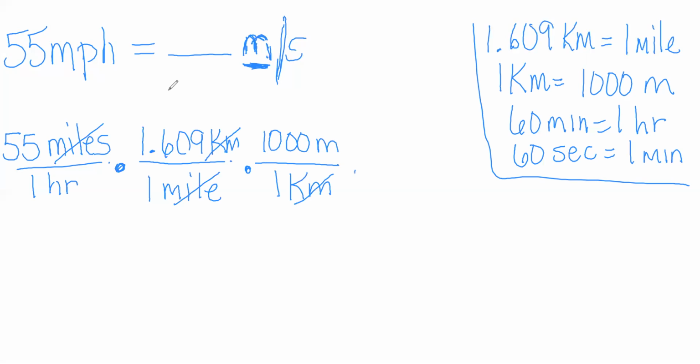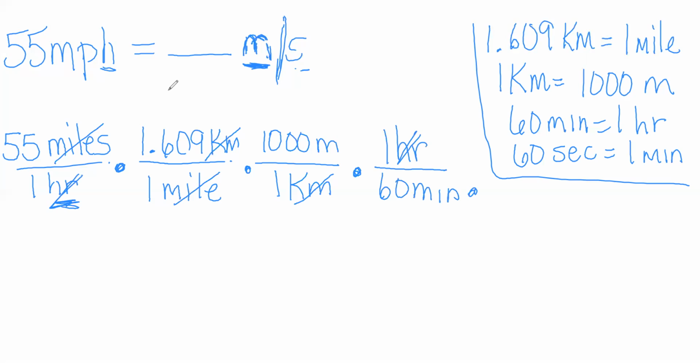Now we've got to work on the second units, which are the time units. So we're going from hours here, and we're trying to get to seconds. So we've got to eliminate our hours, which we have over here. So our hour, we're going to need to put on the top. And we said 1 hour is equal to 60 minutes. So this is going to help us to eliminate the hour units.